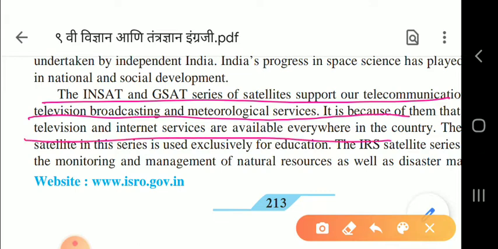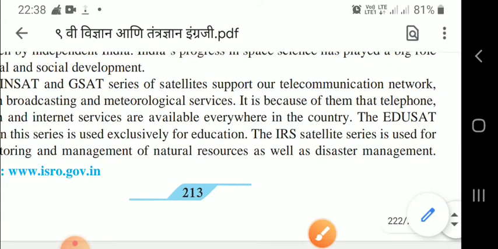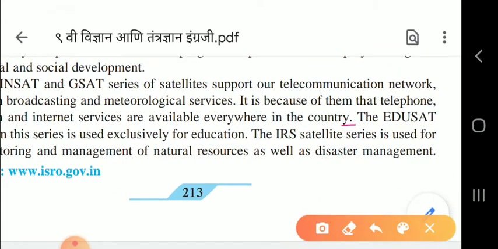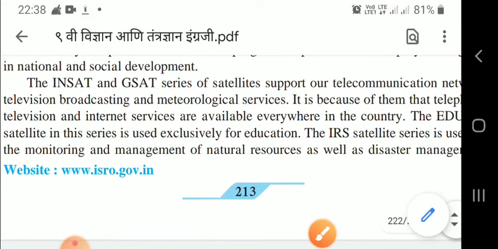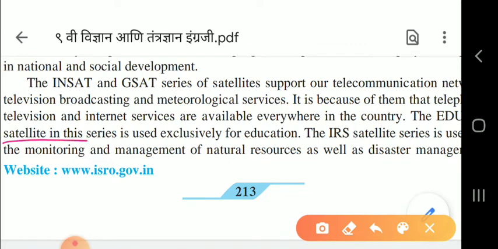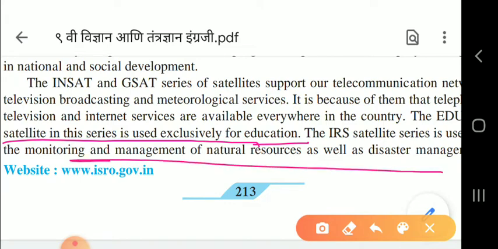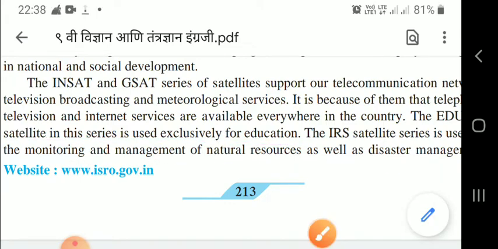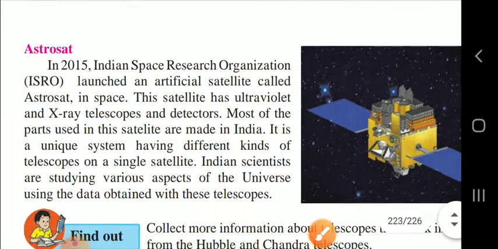Now, the EduSat satellite is a special satellite, used in this series for education, so that you have to learn. The IRS satellite series is used for monitoring and management of natural resources, as well as for disaster management.